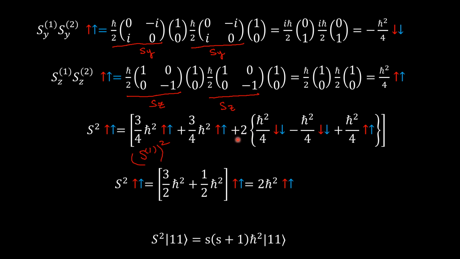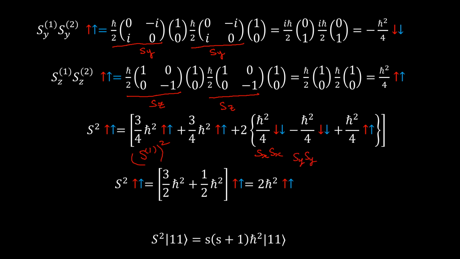Then here for SX, 2 times we have to add, 2 times SX1 SX2. When SX acts on it, we have seen this is ħ²/4. Both spin flip, that is upward spin will become downward. Then this is for SY.